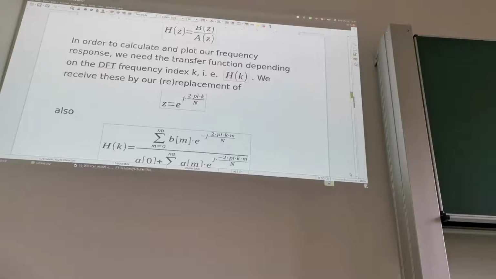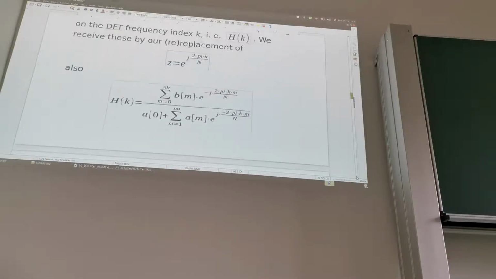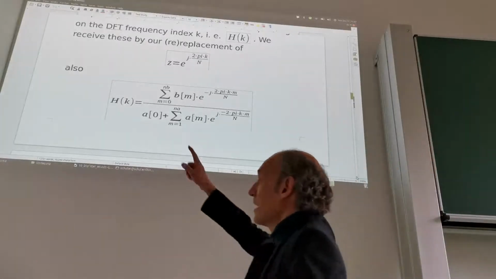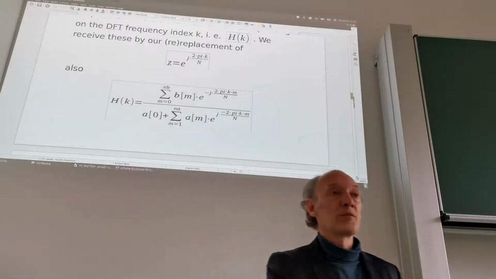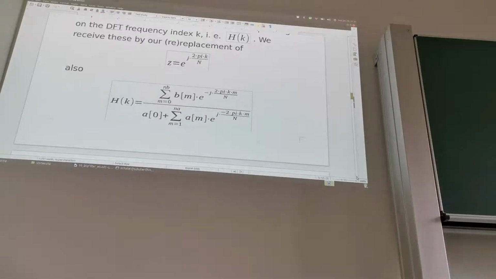That means we get this formula here, and now we get a function with argument k, and k is then the frequency bins again, from 0 to capital N minus 1. And for each frequency bin, it gives us a complex number with magnitude and phase, and then we can plot the magnitude, we can see where the passband is, and with the phase, we can see the group delays for different frequency components.